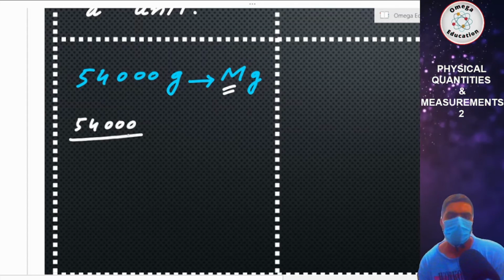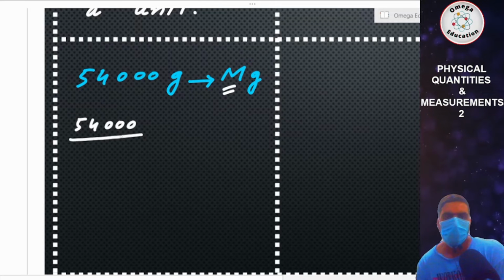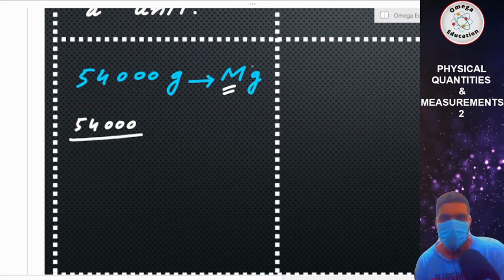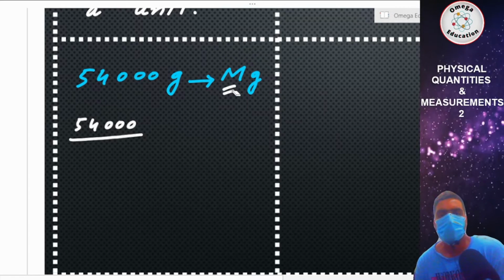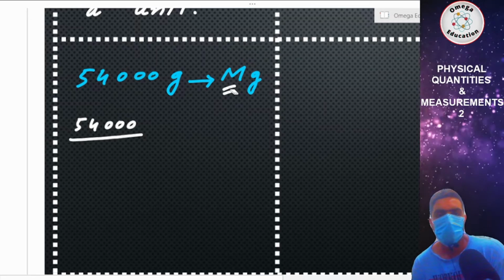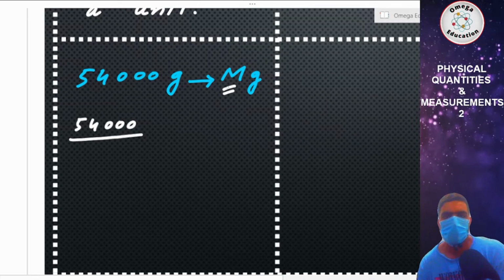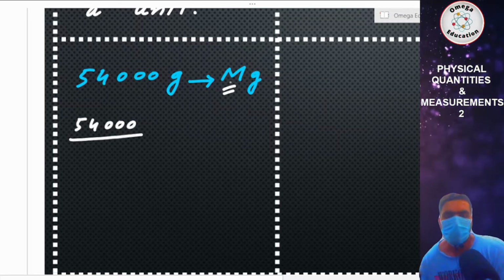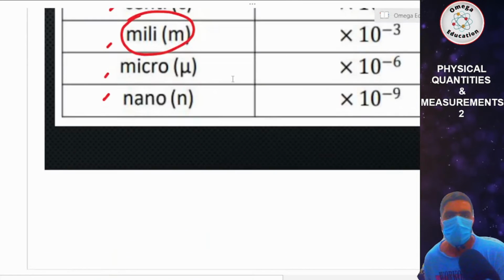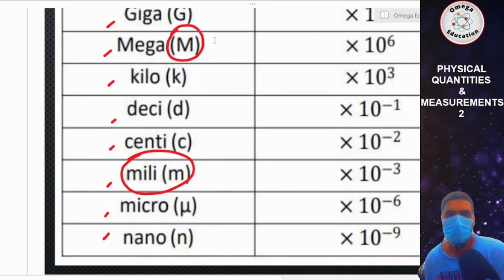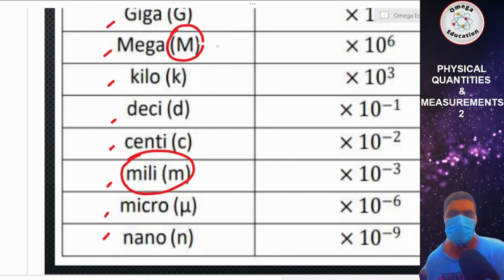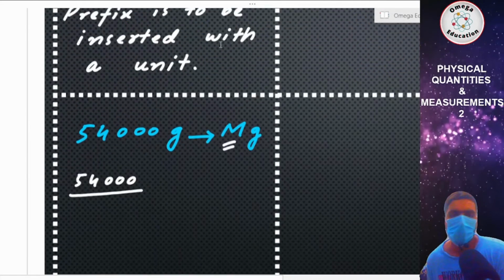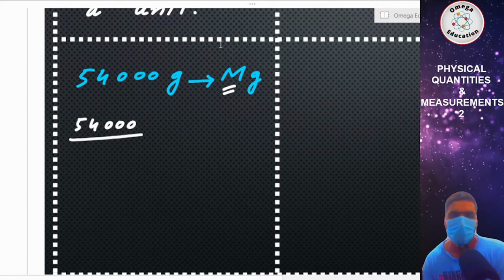And then if you have to insert the prefix, then you divide the value by the value of that prefix, by the number that the certain prefix corresponds to. Like in this case, we studied from the table that mega represents 10 to the power 6.